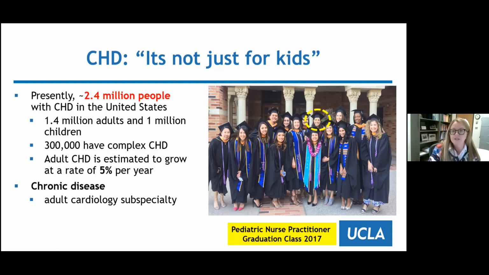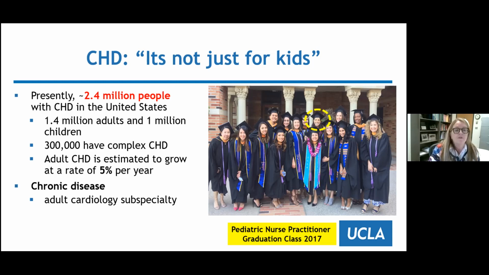And for the first time, I'm stating that we have more adults than children with this defect. And it's a true testament to our advances in medical technology, our postoperative management, and more so to say our early detection, which I'll be talking to you a little bit about.